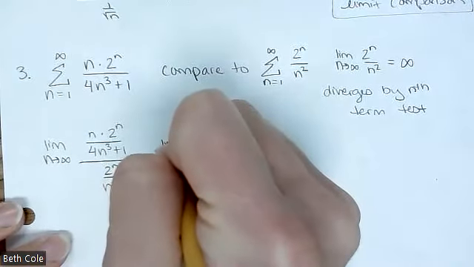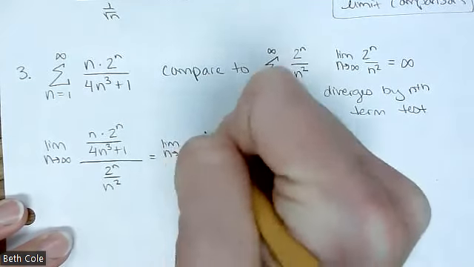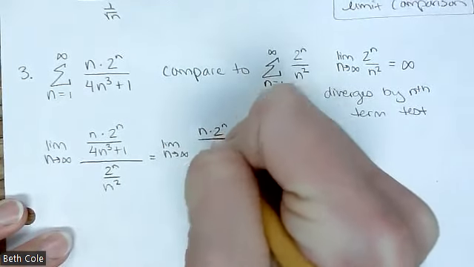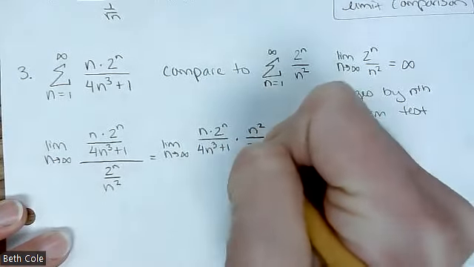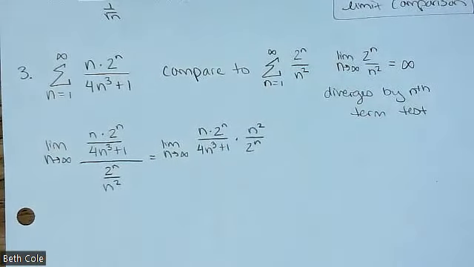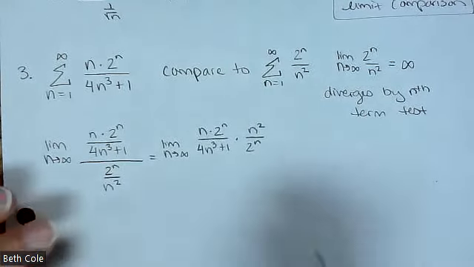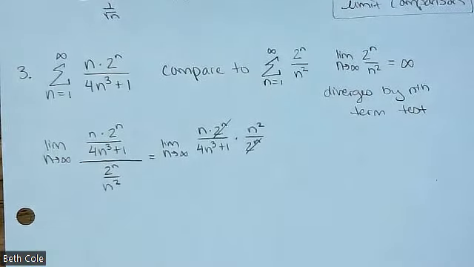And so again, you're gonna flip that. And I know you're like, it doesn't look a whole lot better, but something will cancel out. Do you see anything that's gonna cancel there? Yeah, the 2 to the n's are gonna cancel. So what have you got in the numerator?